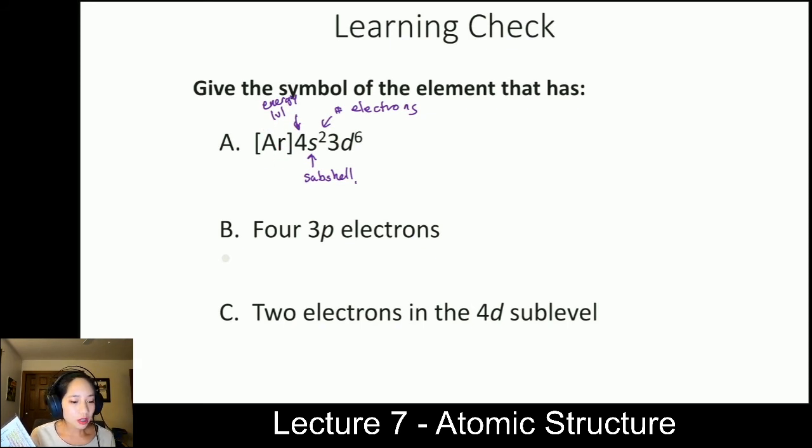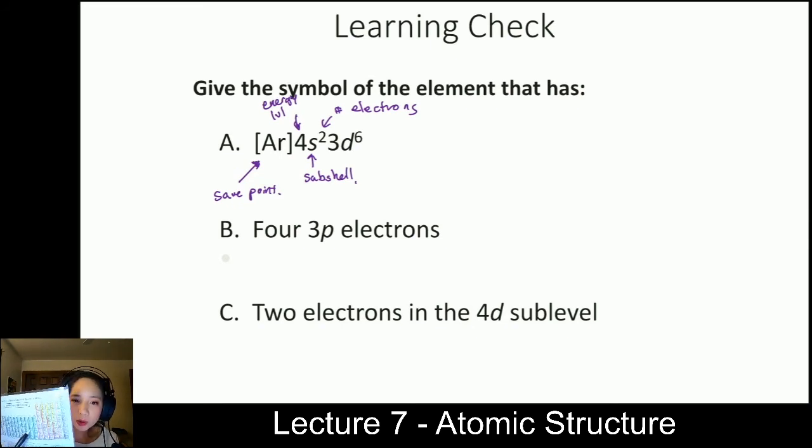Essentially, it's like a save point, like in video games. This element has an inner core that looks like argon, and then we tack on these extra electrons to it. Remember, when we make orbital diagrams, we always start at hydrogen and work our way through to the element we want.